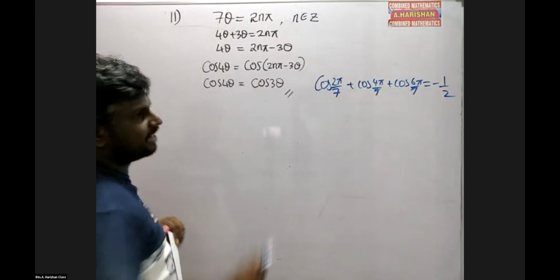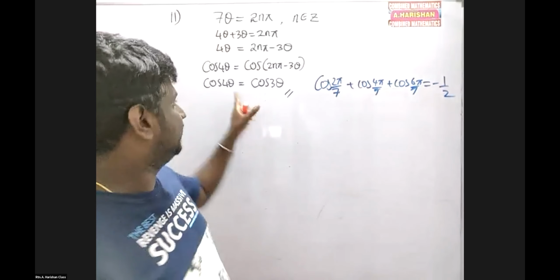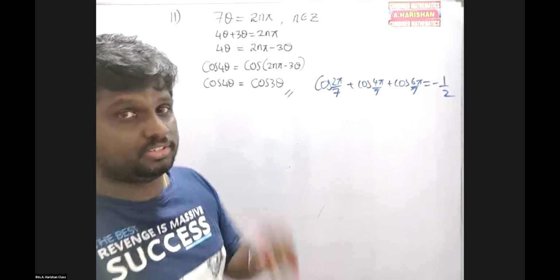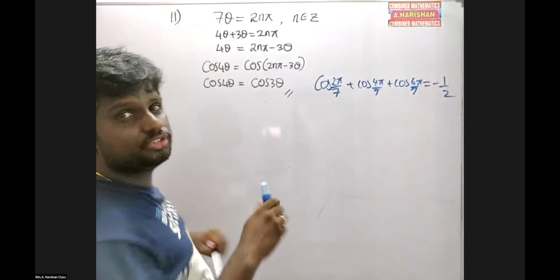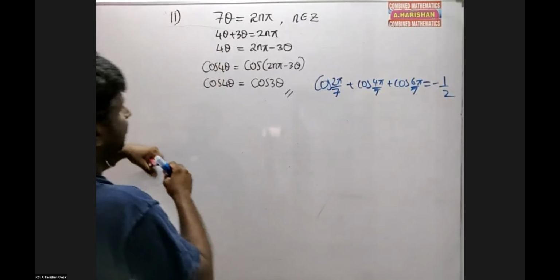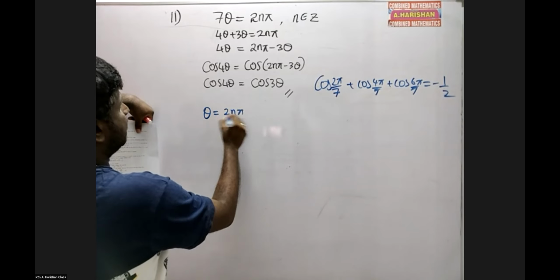See, there is 4 theta. 4 theta means you have to have 4 solutions. 4 theta is the highest compared to 3 theta, so you have to have 4 solutions. Among the 4 solutions, you can find at least 3 solutions from here. Why? Because theta equals 2n pi by 7.